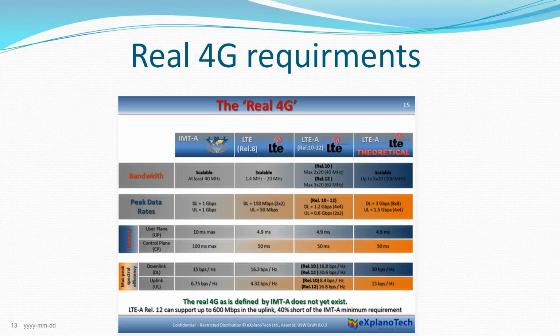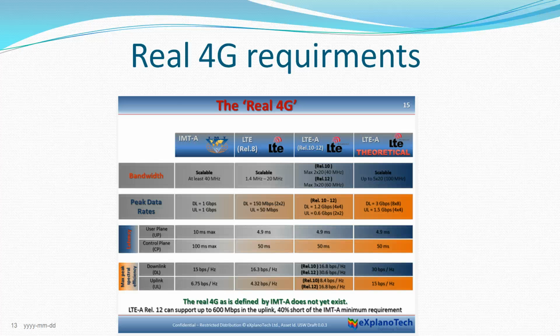Release 8 only manages 150 megabits per second using 2x2 MIMO and uplink 50 megabits per second. In Release 10 up to 12 LTE Advanced networks, of which carrier aggregation is a part, you can see downlink speeds of 1.2 gigabits per second using 4x4 MIMO and 0.6 gigabits per second using 2x2 MIMO.